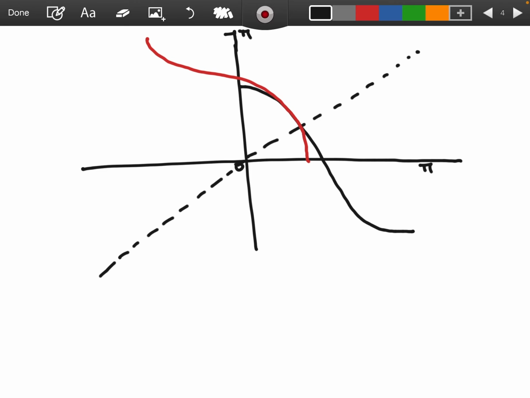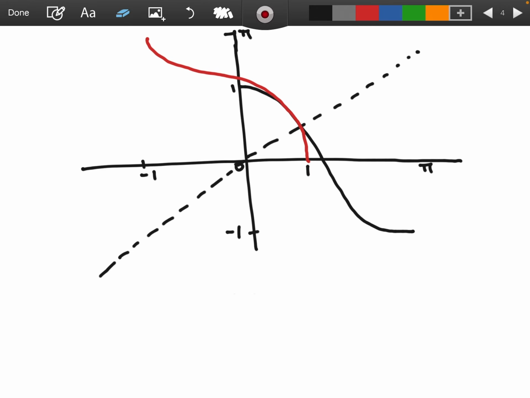Then my range of cosine is between -1 and 1. So my domain of cosine inverse is going to be between -1 and 1. Again, not completely accurate on this graph, but we just want to look at what that domain and range will be. And as I said, you can get a more accurate picture of this if you look in the textbook.